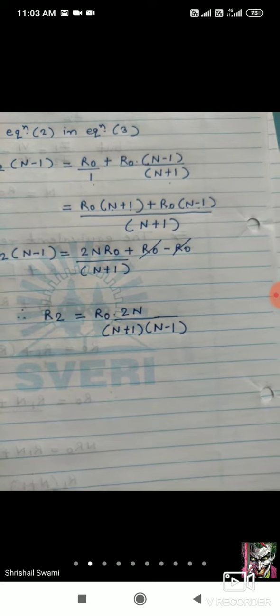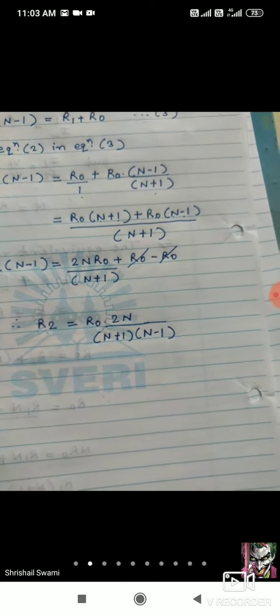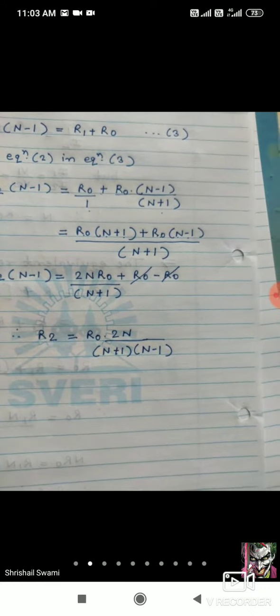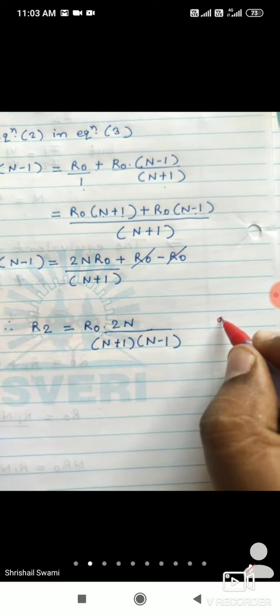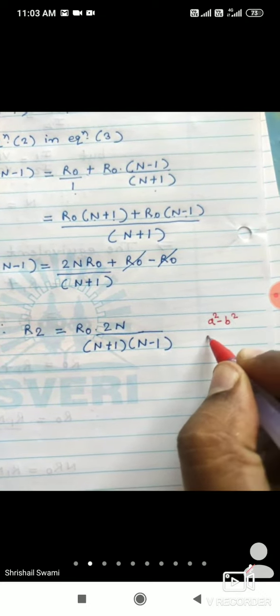I will tell it in reverse: a square minus b square. Yes, a plus b into a minus b. So this looks the same. Compare both: the value of a is n and the value of b is 1.